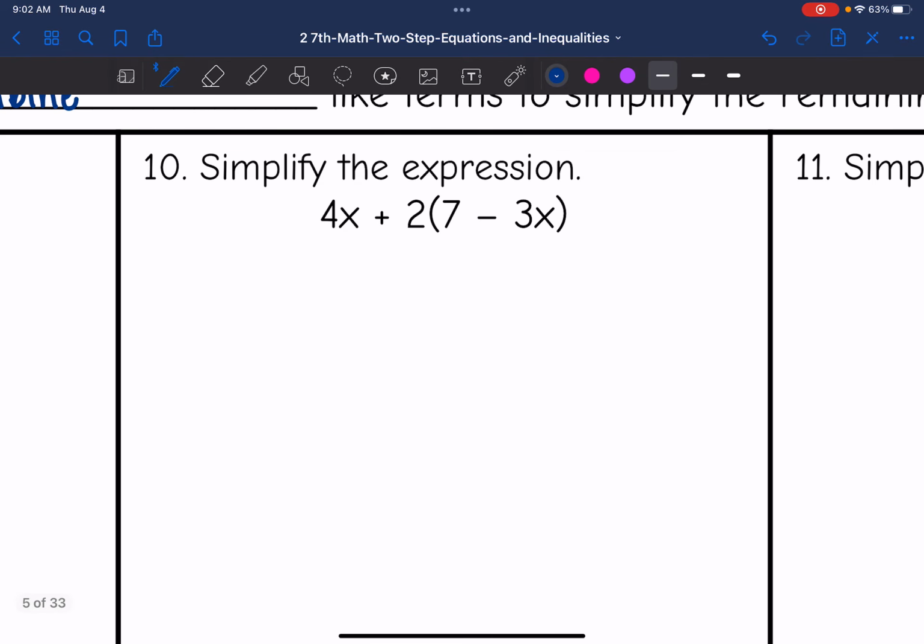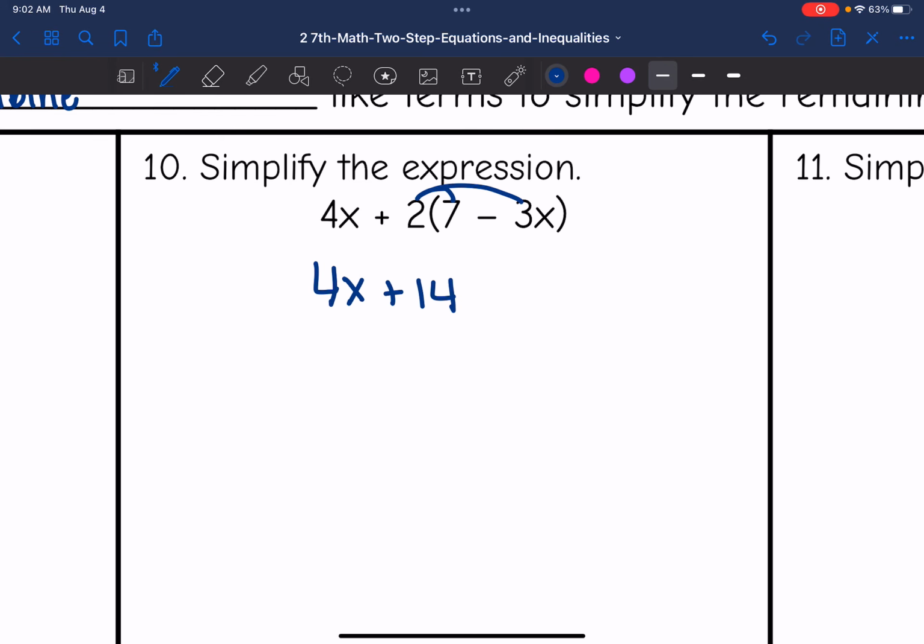All right, let's look at number 10. So I have this 4x kind of by itself over here, and then I have this plus 2, and the 2 has parentheses directly in front of it, and then inside the parentheses I have 7 minus 3x. So this is what I need to do first. I need to take care of that distributing. This 4x is not a part of the distributing, so I'm just going to go ahead and bring down that 4x. And now I'm going to distribute 2 times 7 is 14.